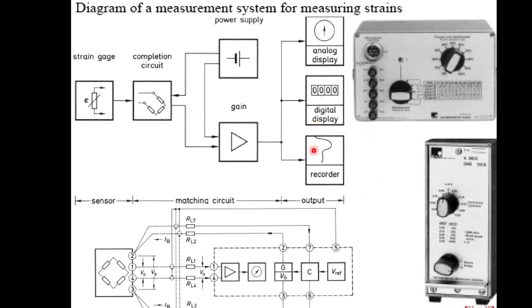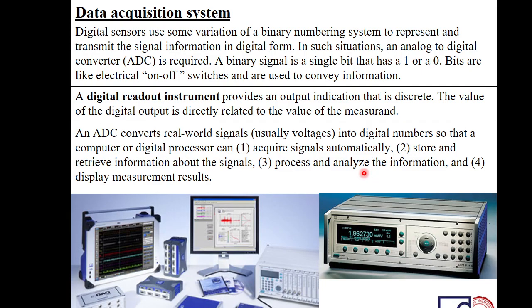These are some of the measurement units. Once again we have analog and digital types of instruments. These are strain indicators. Actually, we will get more detail when we discuss an actual experiment.